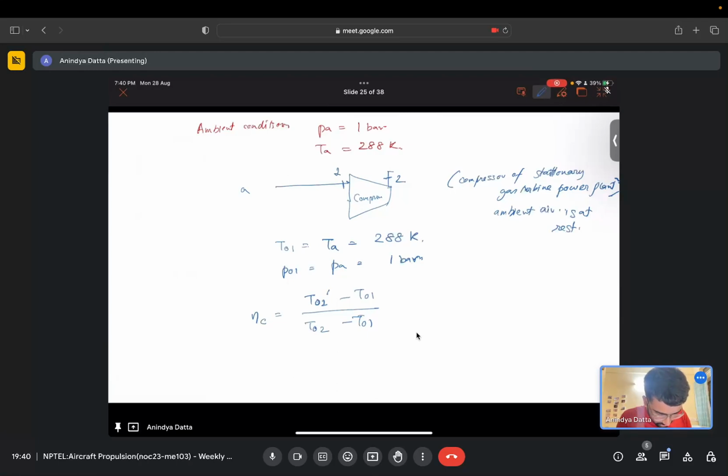Start with the compressor. Now if we simplify this, remember we get T02 minus T01 is equal to T01 by eta c times (T02 prime by T01 minus 1).